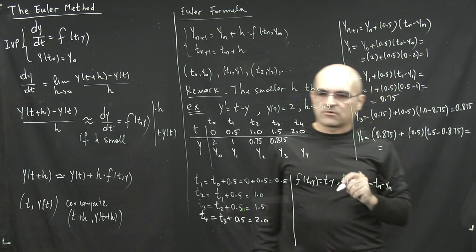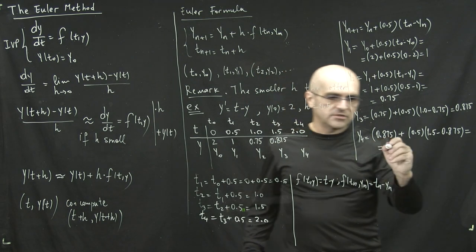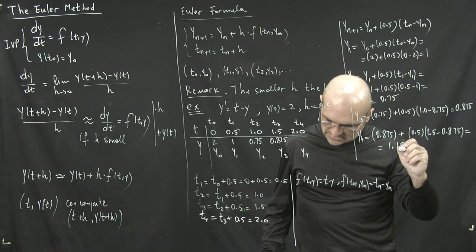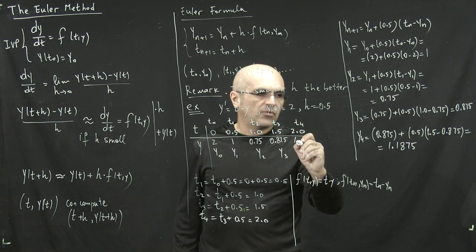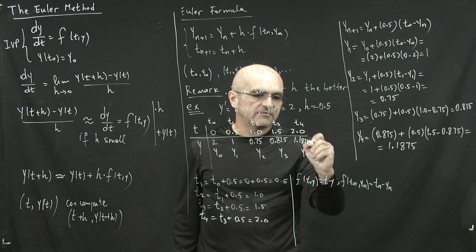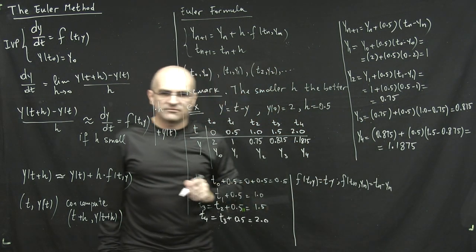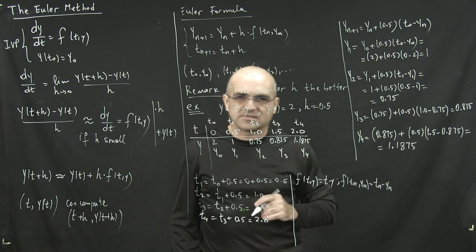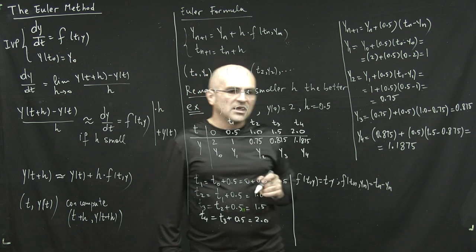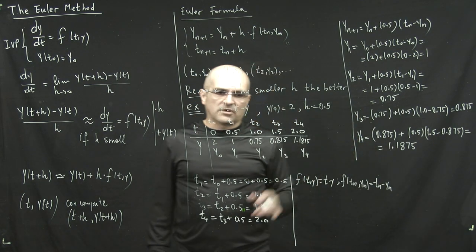Using the calculator, this should be 1.1875. Make sure you compute these values yourself with the calculator. It's not difficult at all. Probably that's one of the easiest lessons in this entire class. Just make sure you understand how the algorithm works.